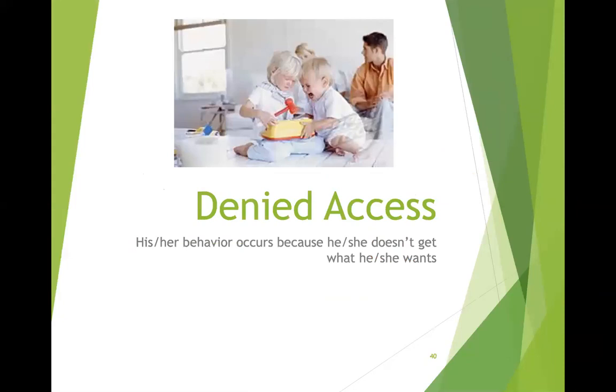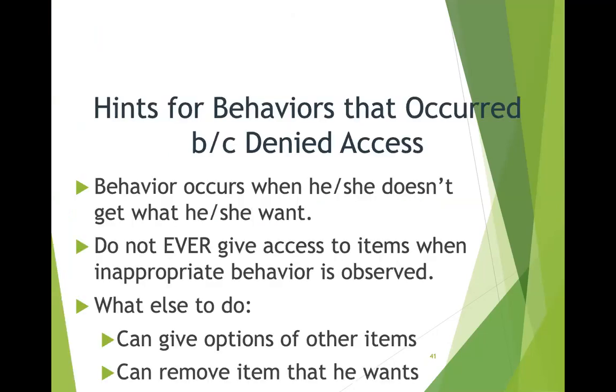All right, and next we are going to talk about denied access. This is a type of function where a child or individual may not be getting a specific toy or tangible that they are wanting. With this type of function, some hints for behaviors that may be occurring for this reason: again, it may be when that child is not getting what they want.